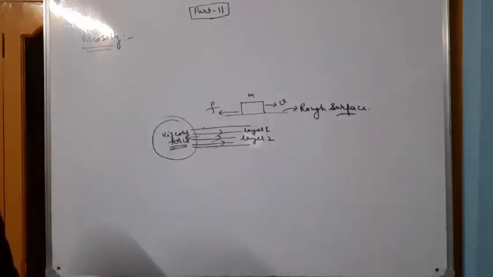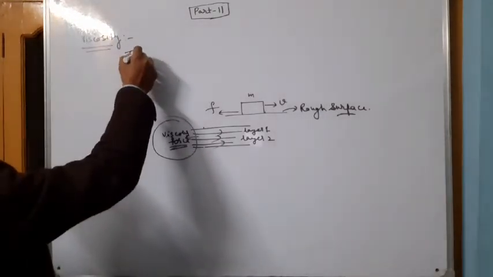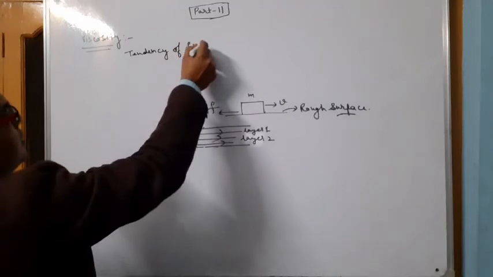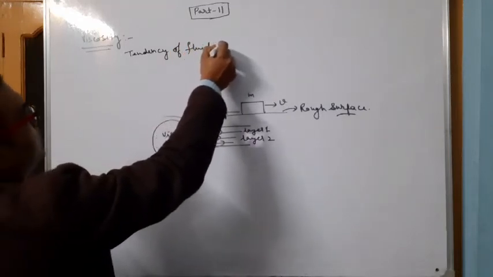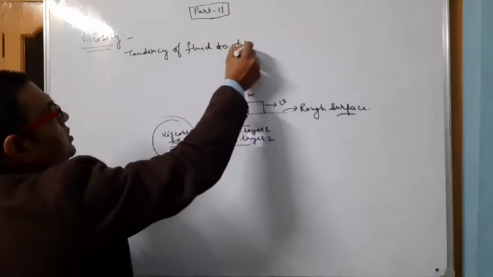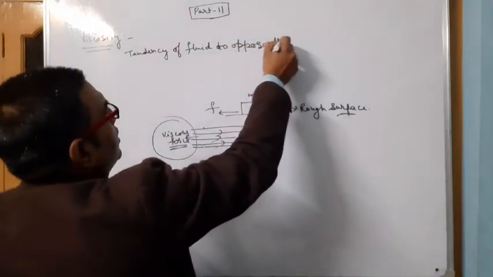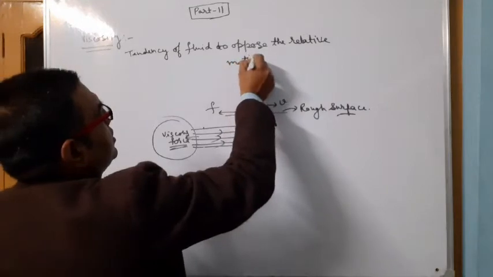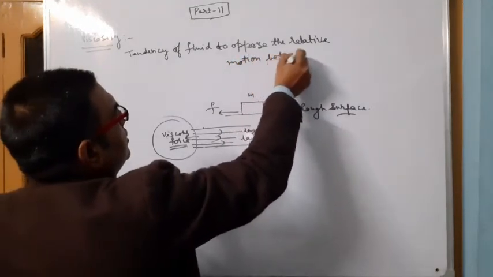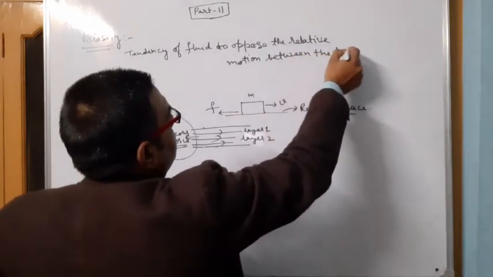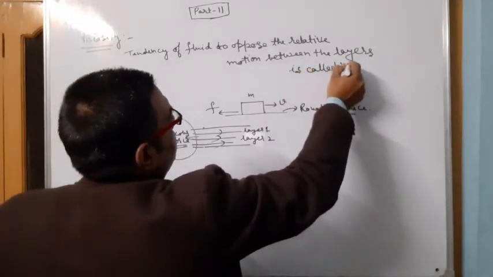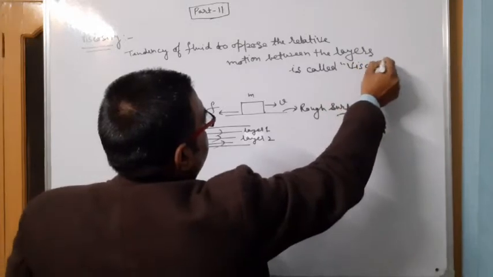So the tendency of the fluid to oppose the relative motion between its layers is called viscosity.